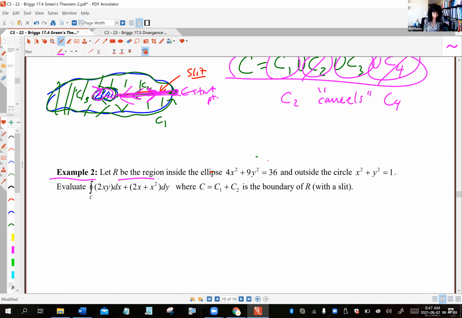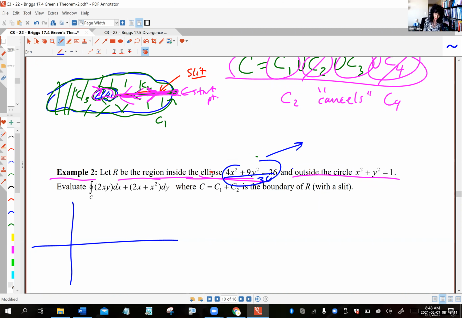So let's say you have a region that is inside of an ellipse, but outside of a circle. If we graph all of this, and you get it in standard form by dividing both sides of the equation by 36, you can figure out this standard ellipse centered at the origin has x intercepts plus or minus 3, and y intercepts plus or minus 2.